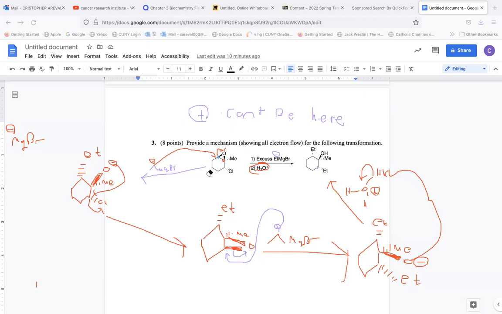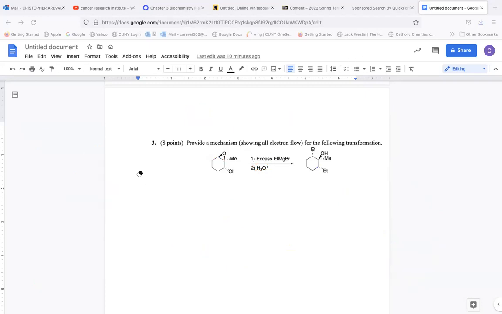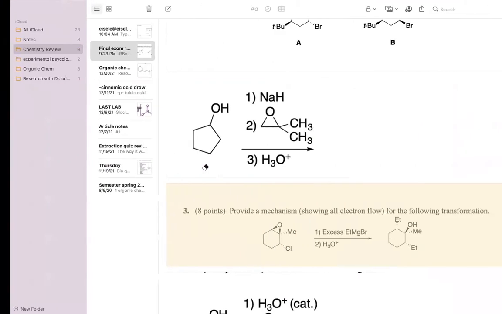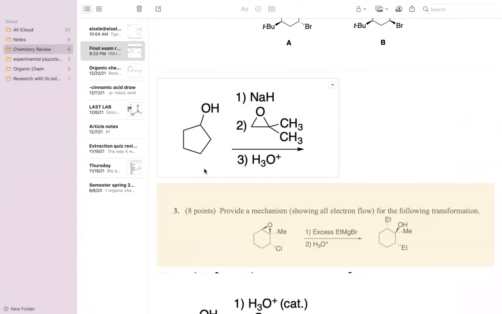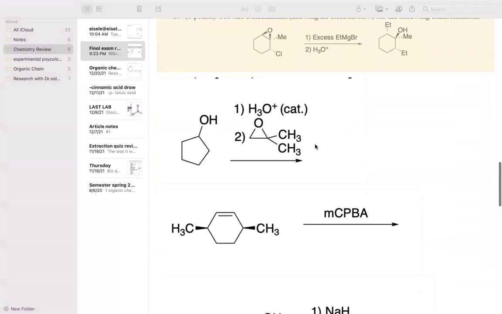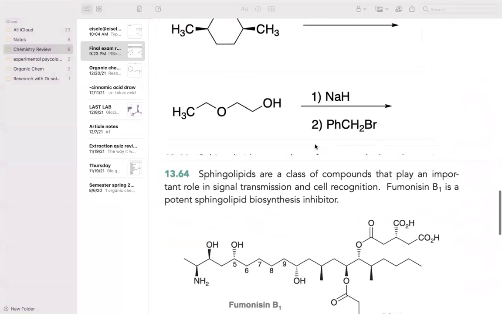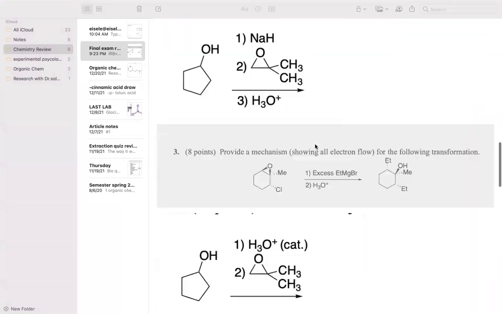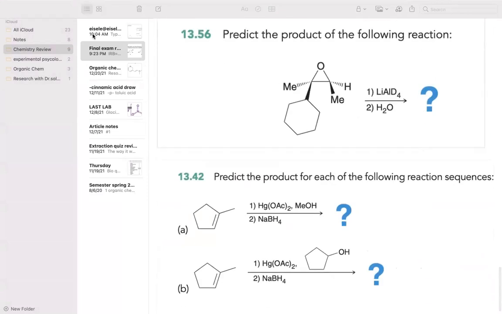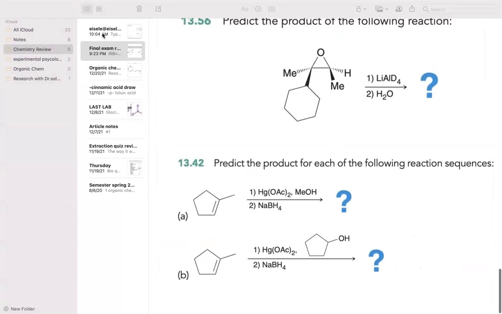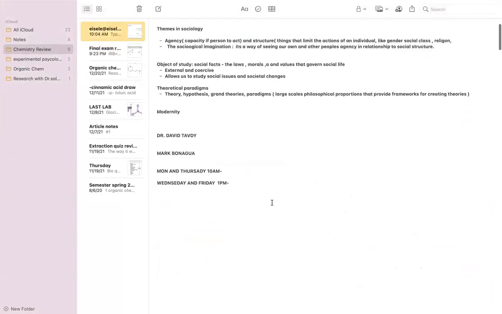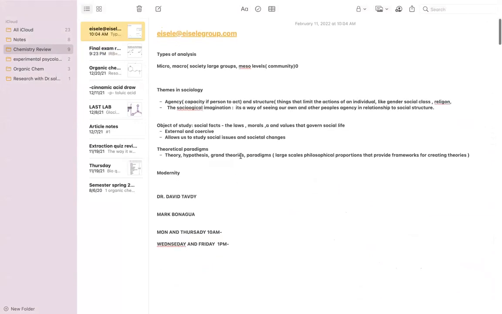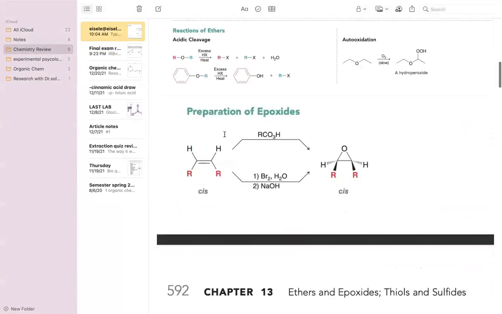Okay, I'll do one more. Let me try to find it. Where is it?